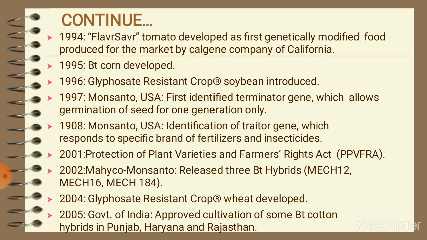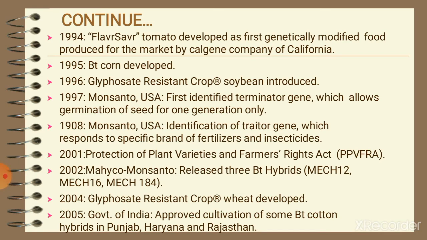In 1998, Monsanto identified the traitor gene, which responds to specific brands of fertilizers and insecticides. In 2001, the Protection of Plant Varieties and Farmers' Rights Act was established.